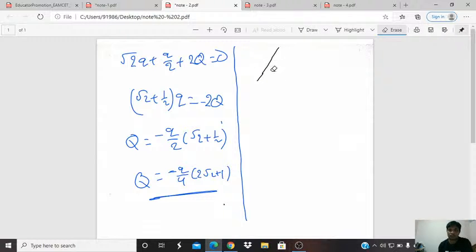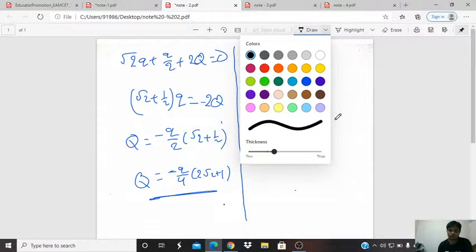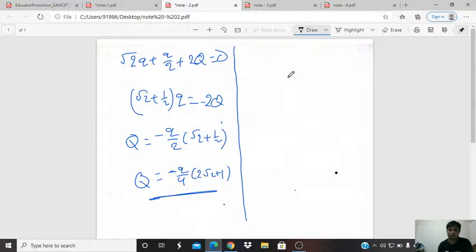You can draw it lengthy. See, it is an equilateral triangle.